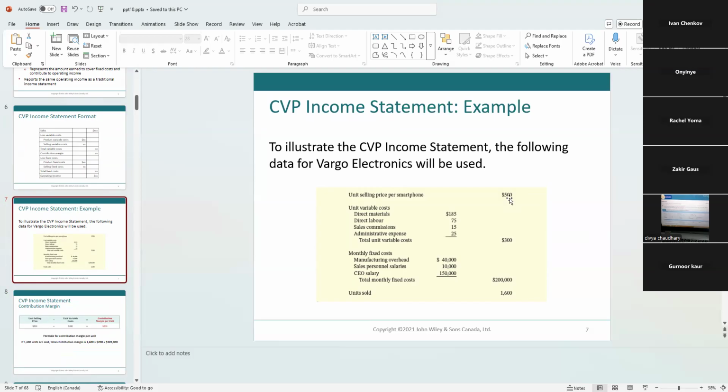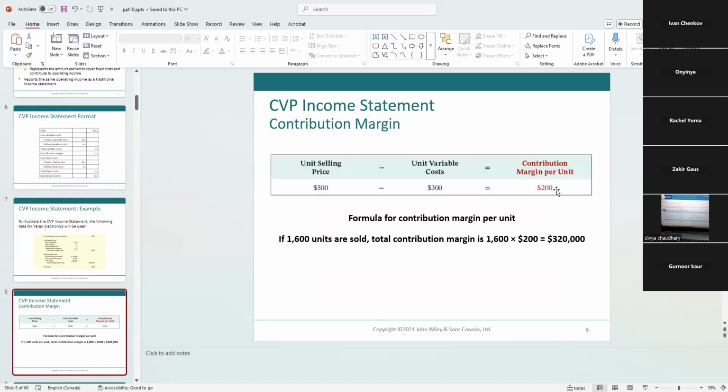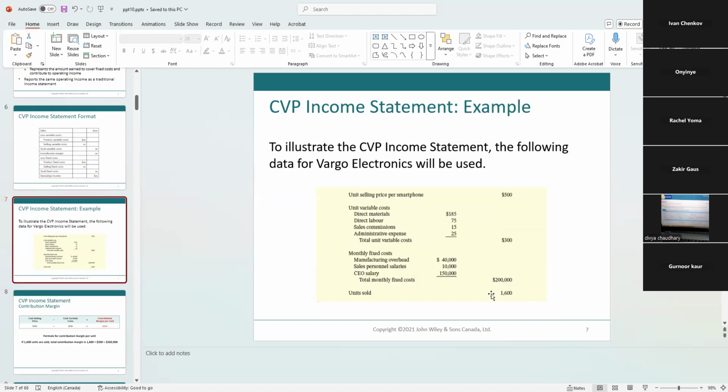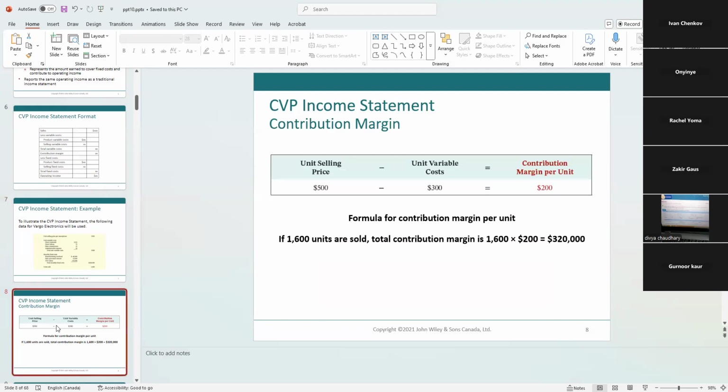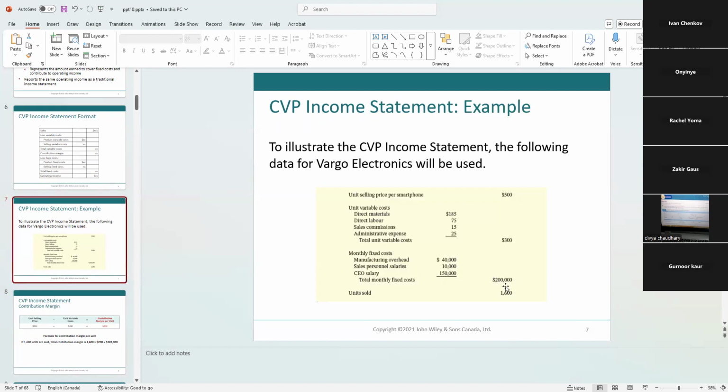The problem is that I still have to cover my fixed cost. So since I know that every unit is going to give me $200, the question is if I'm selling 1,600 units, how much contribution margin am I getting? And we're getting $320,000. Is the $320,000 enough to cover my fixed cost? Yes, it is.